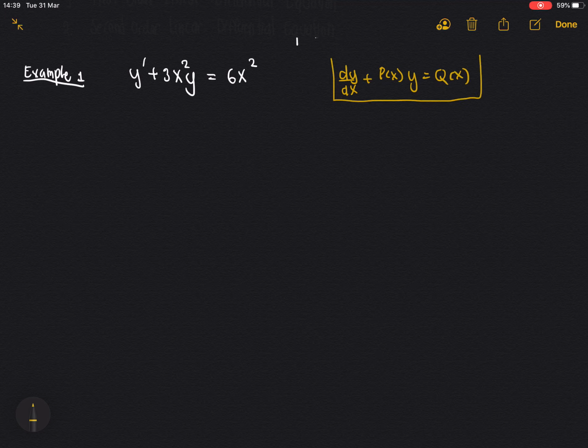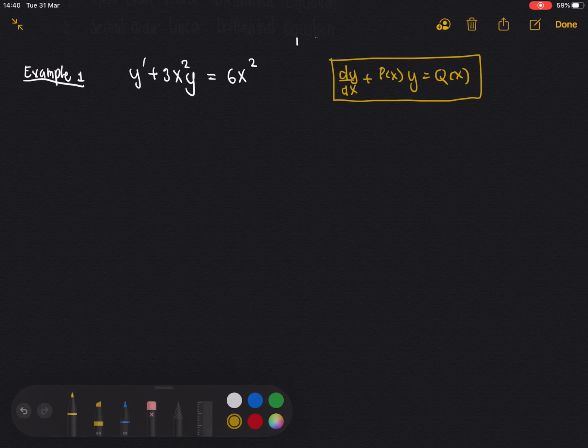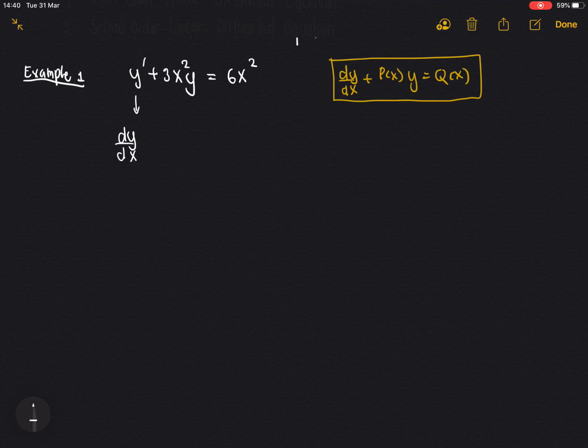This is the standard form that you have to rearrange the given function into, the terms inside the yellow box here. You can see that this is a first order differential equation, because you can see the y' notation. So y' + 3x²y = 6x².